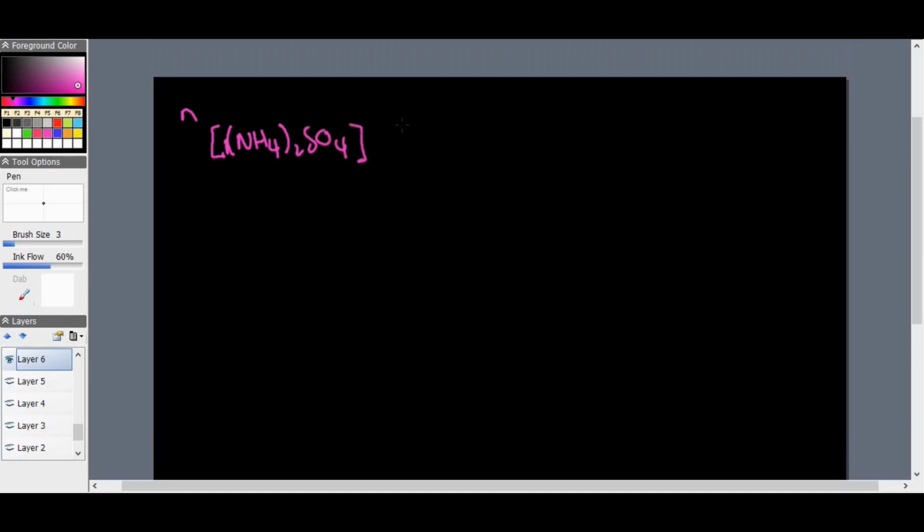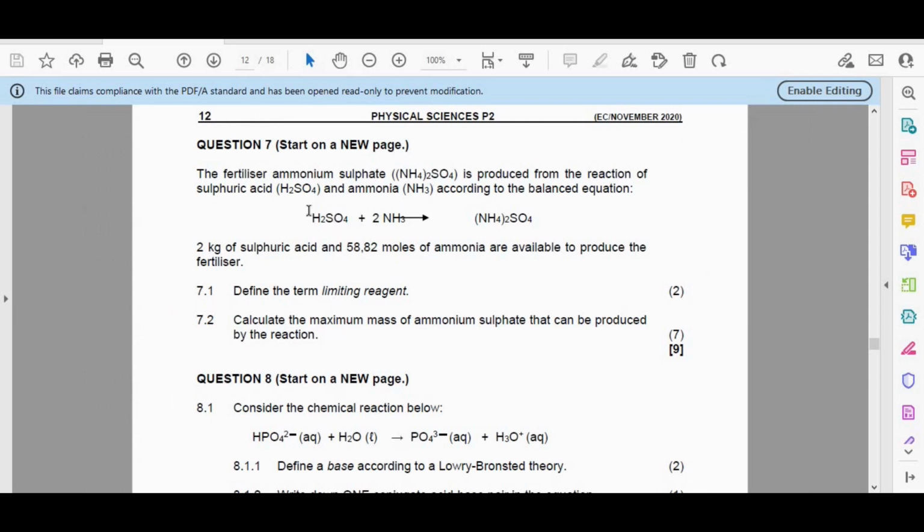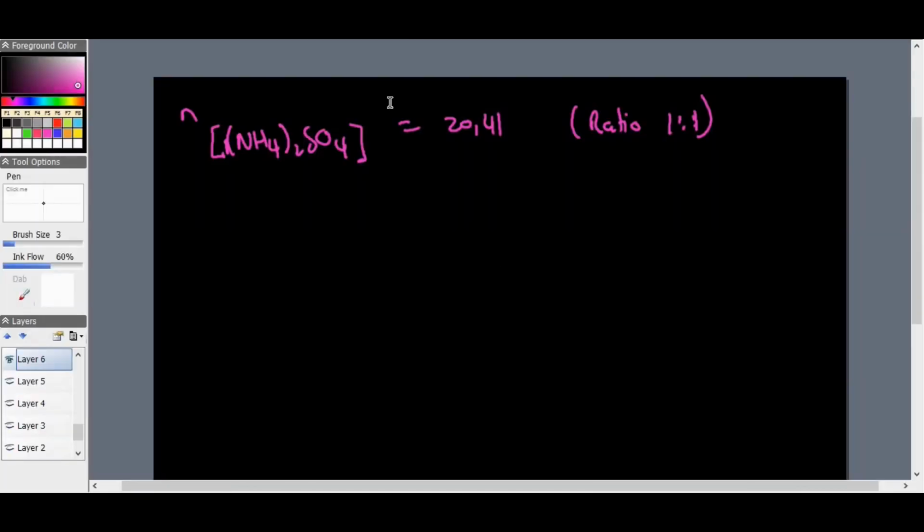We know that the moles is equal to 20,41 because the mole ratio is 1:1. We know that from the reaction. And we calculate the amount of moles of sulfuric acid, so let's add that in there.